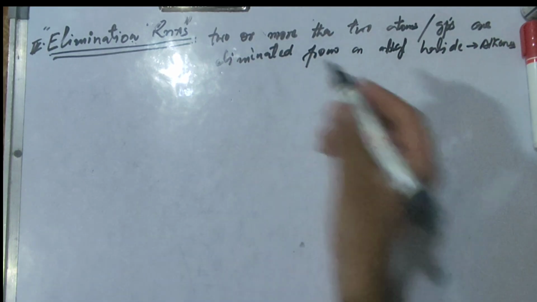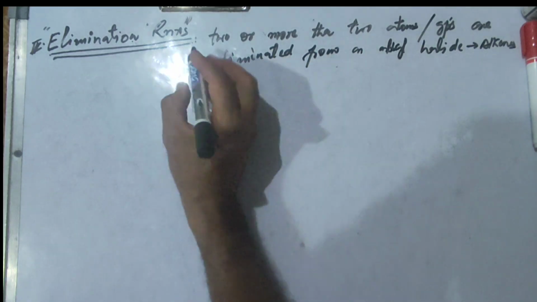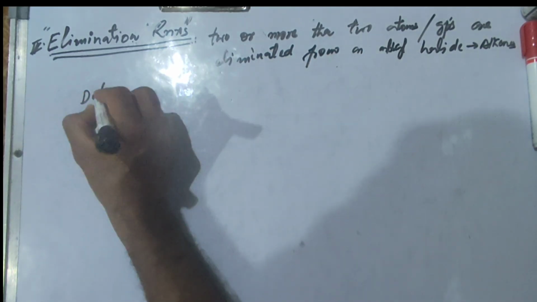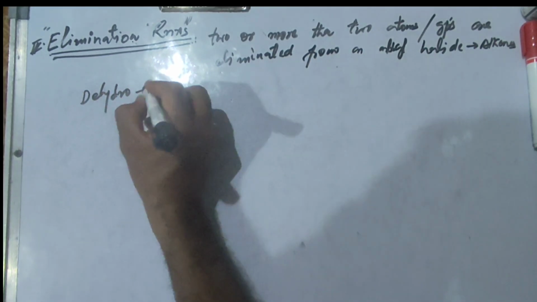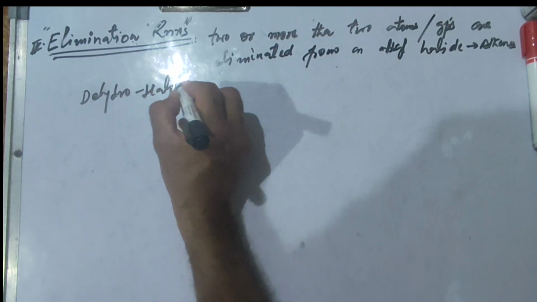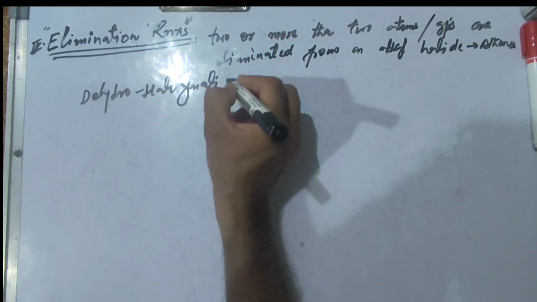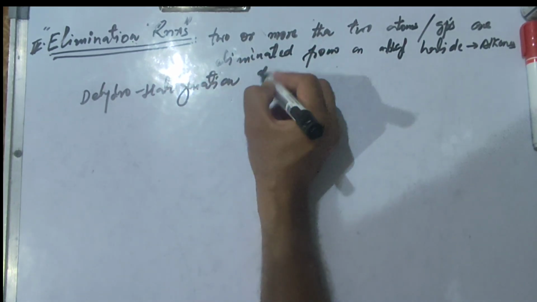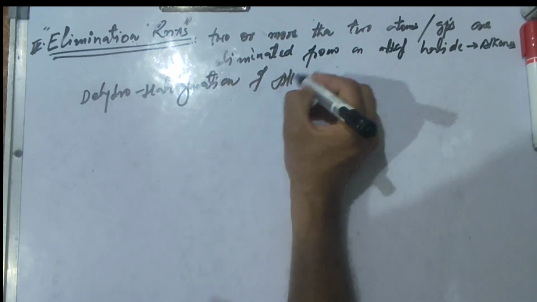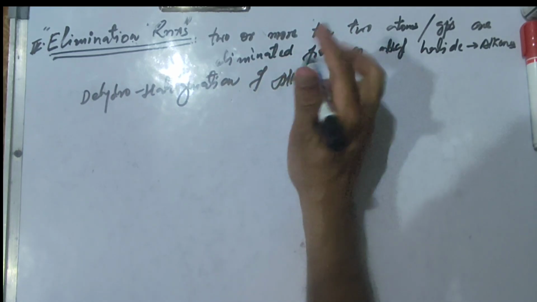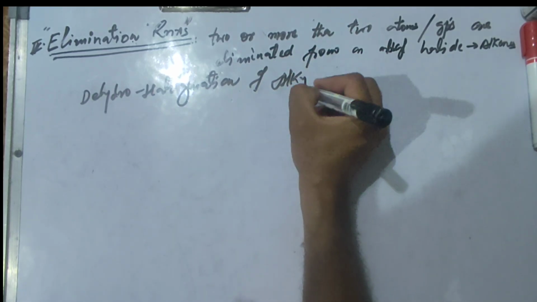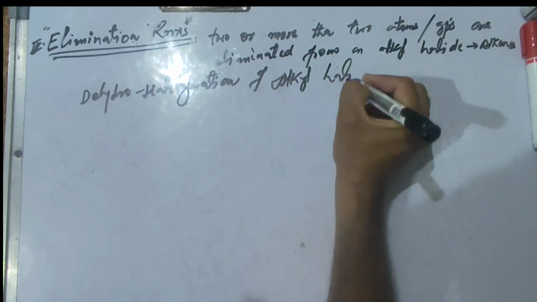One common example is dehydrohalogenation of alkyl halides.